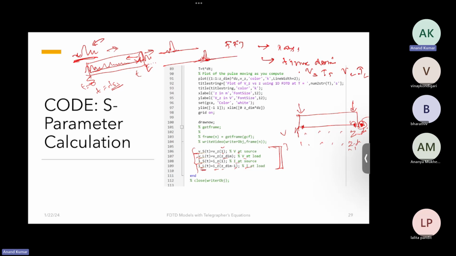And then after some instant, if something was reflected from the load, it went back to port 1. You'll see some reflections, and again once something was reflected back from port 1, it will again travel to the load port, and then again you will see some reflections. So this will go on, and we store all this voltage data and current data in time domain.